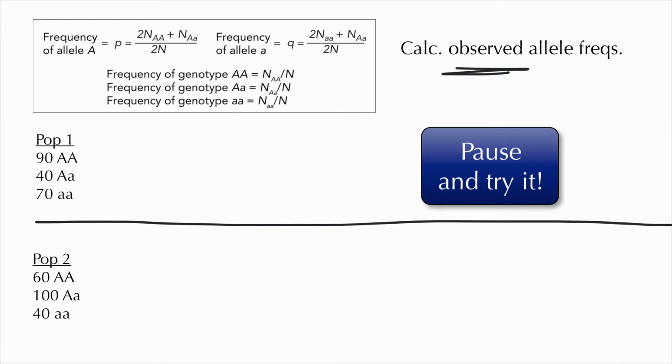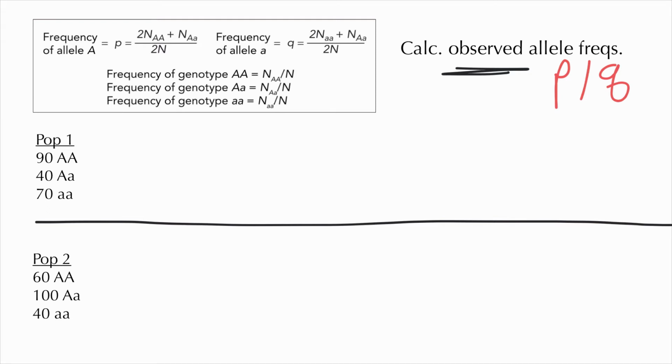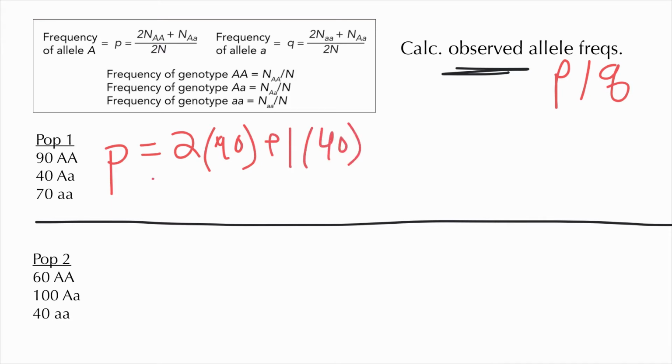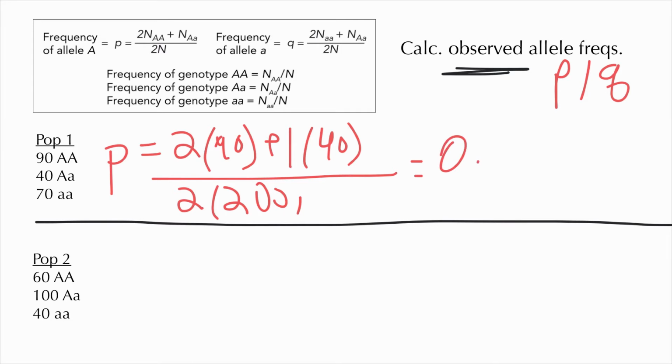To figure out the frequencies, remember those are our p's and q's. p equals 2 for every homozygous dominant individual, plus 1 for every heterozygote, divided by 2 alleles for all individuals, of which there are 200 here, and that's going to equal 0.55. So that's the frequency of the big A.